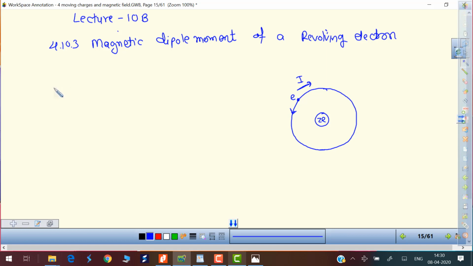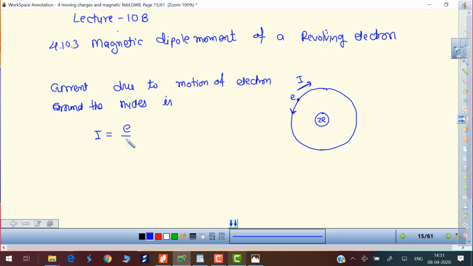So what is the current? The current due to motion of the electron around the nucleus is I equals e upon T, where e is the charge of the electron and T is the periodic time.